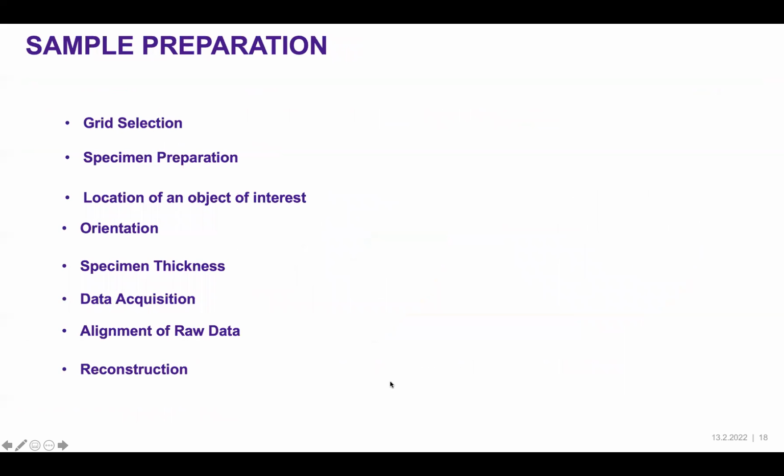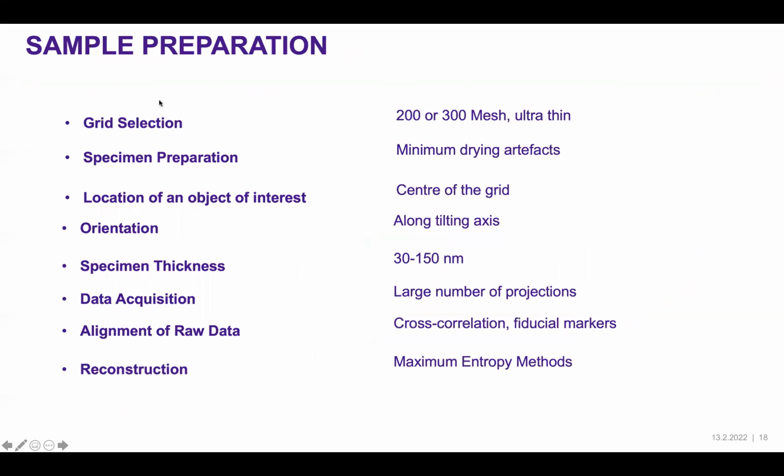There are several important precautions to be taken when you collect this. The first one is sample preparation. When you do sample preparation, you have to identify the correct grid, the mesh size, and support film. Specimen preparation should be done in such a way that, if it is conventional imaging, there should be minimum drying artifact.